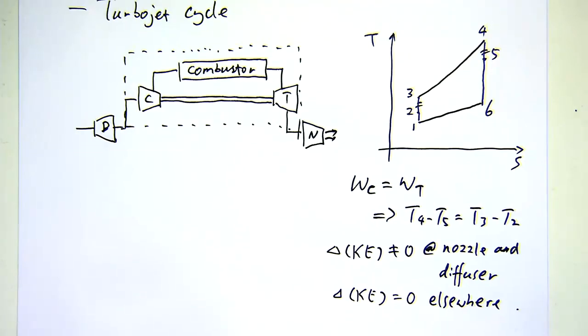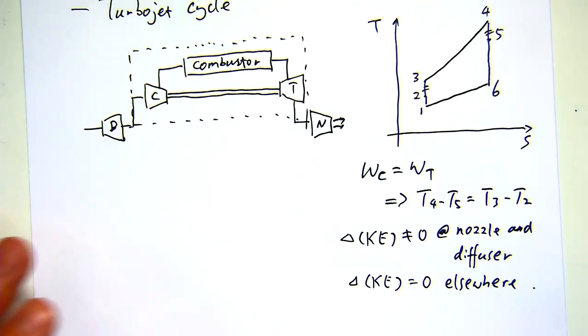So you may wonder, the gas is flowing. It certainly has kinetic energy, right? And if the gas is passing through a compressor or turbine, its velocity certainly will change. Why don't we consider the kinetic energy change there?